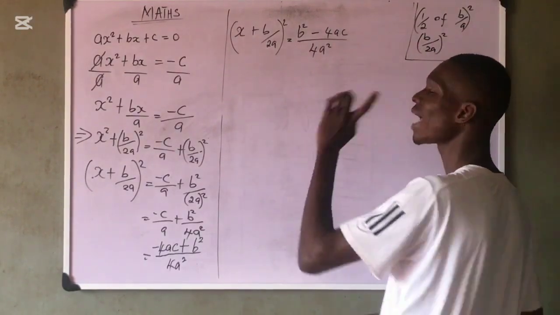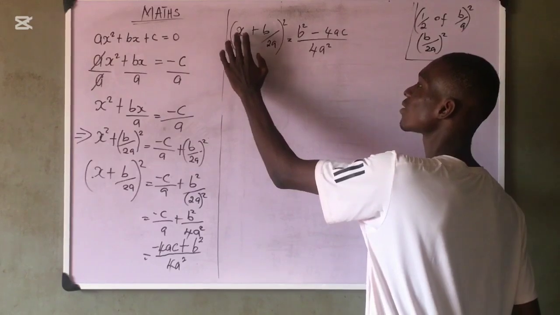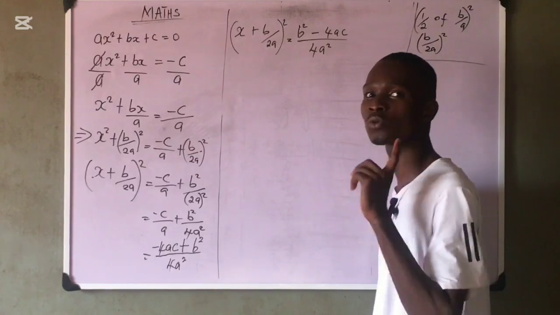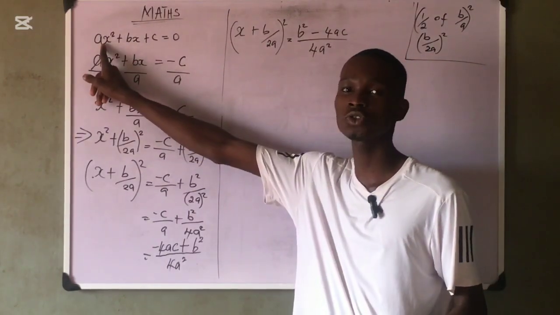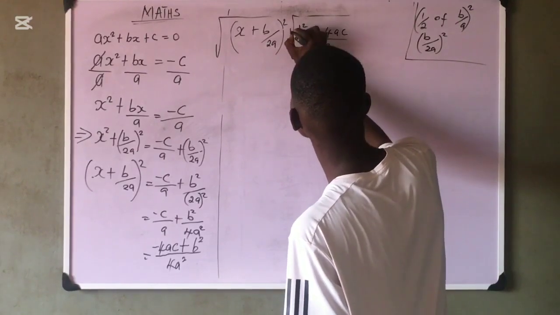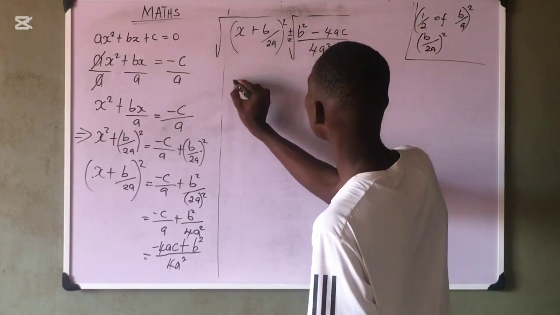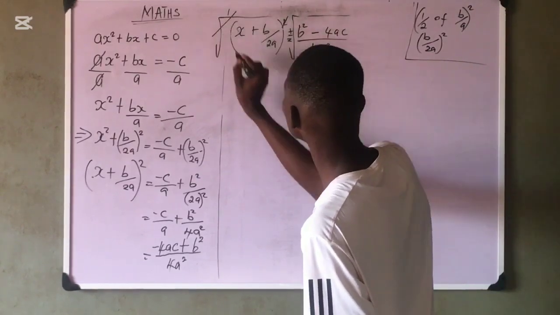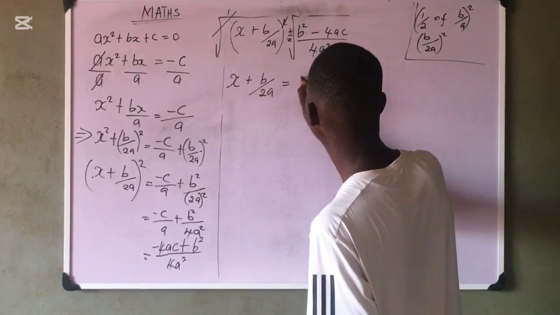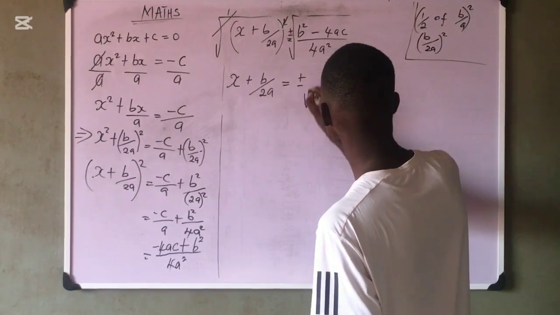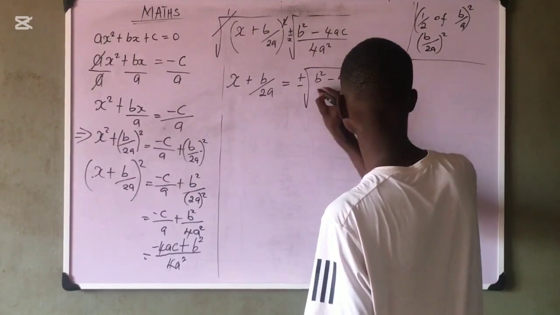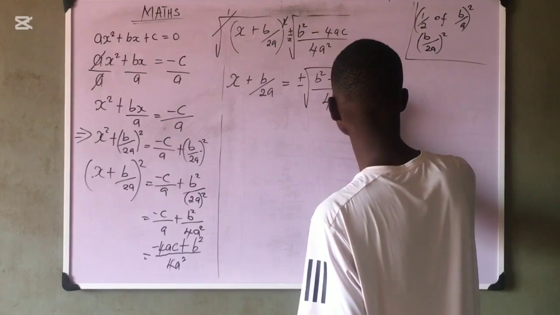So now, all our target here is to make the variable, the unknown, the subject, because in a quadratic equation, the question is to find the values of x. Taking the square root of both sides, remember, square root comes with plus or minus. Therefore, square will cancel square root to have x plus b over 2a equal to plus or minus square root of b squared minus 4ac all over 4a squared.